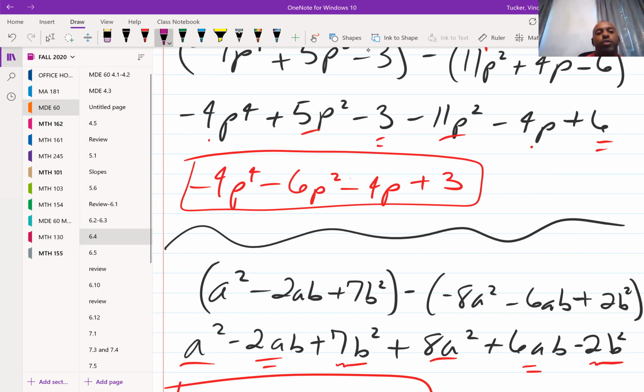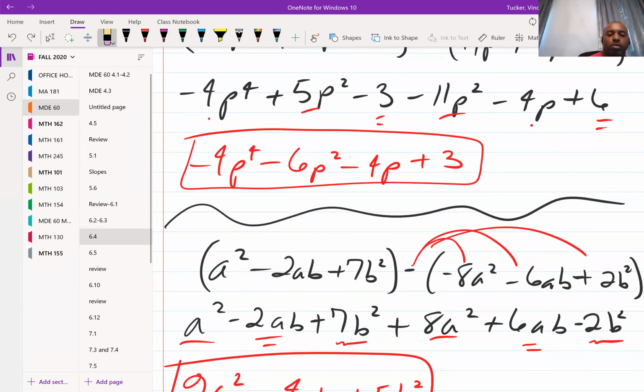All right, so distribute the negative to each term in the parentheses that follows. So let me erase this stuff. We've got a squared minus 2ab plus 7b squared. Then that minus sign is going to change to plus 8a squared plus 6ab minus 2b squared.